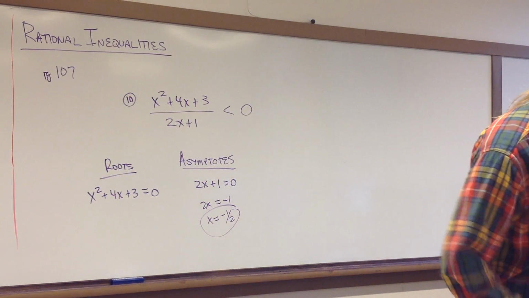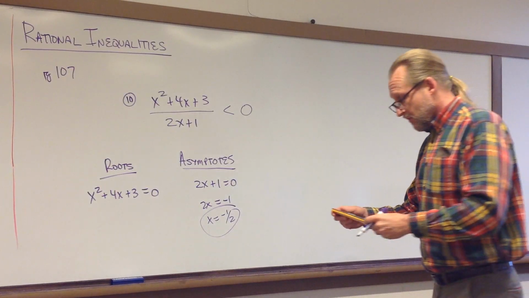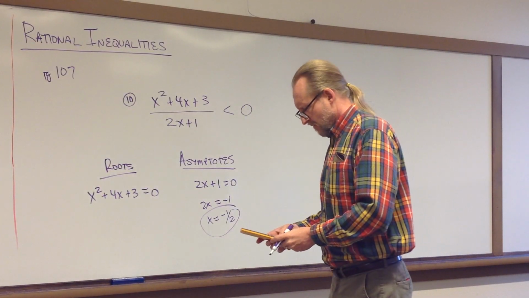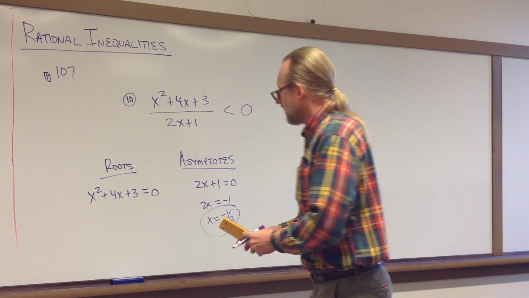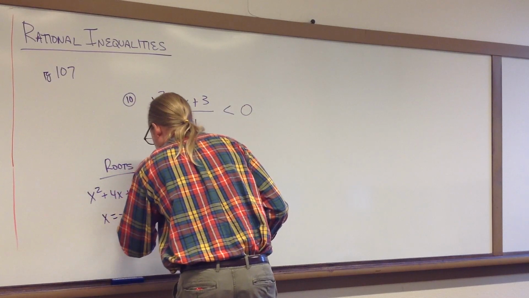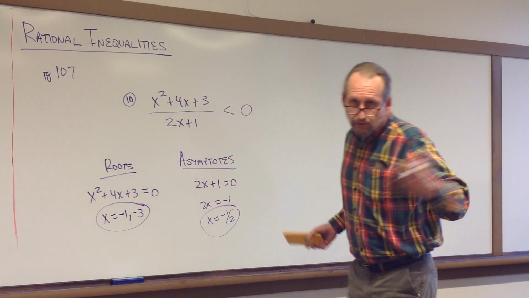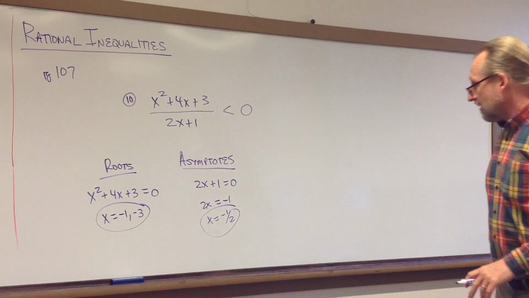The x squared plus 4x plus 3 is actually factorable, but you can run it through the quadratic formula as well. And we should get answers of negative 1 and negative 3. So that's what we should look for on the graph. That's going to direct our attention to those places.